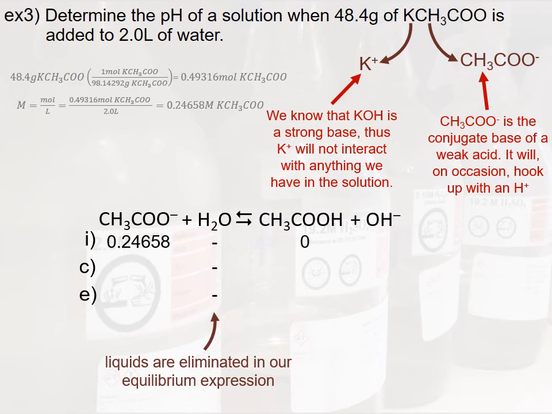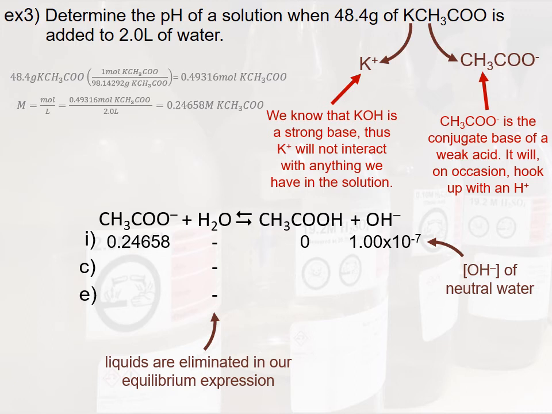There initially is no acetic acid present, but since we are adding the salt to distilled water, the hydroxide concentration will be 1.00 times 10 to the negative 7. That is the OH minus concentration of neutral water. Neutral water has a pH of 7, which means the H plus concentration equals the OH minus concentration, and they both equal 1 times 10 to the negative 7.